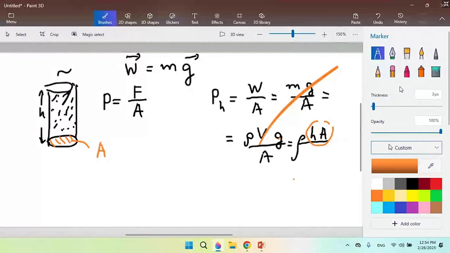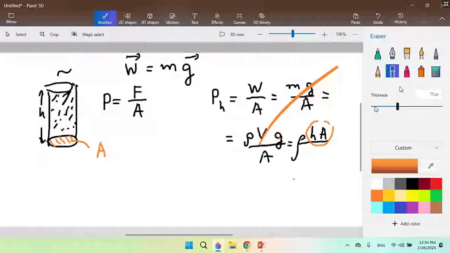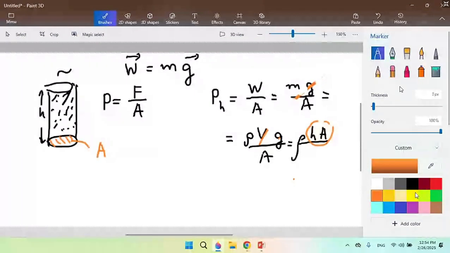I have just tried to remove it a bit, so that this is volume.